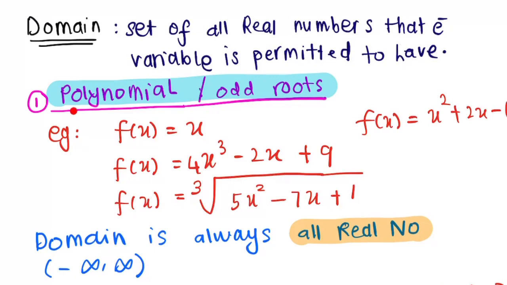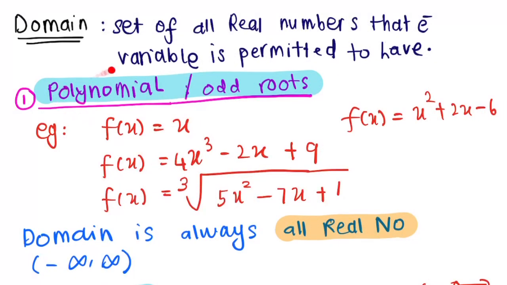The first one is polynomial. Polynomial is a set of functions where the power is an integer and it is positive. For example, f(x) equal to x, because this is x to the power of 1. For this question here, 4x cubed minus 2x plus 9, this is also a polynomial with the highest degree of 3.